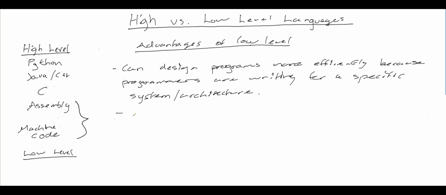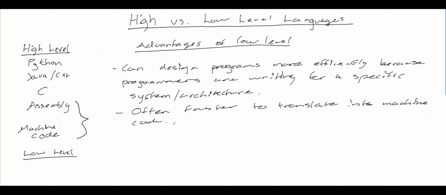And low-level languages are often faster to translate into machine code if they're not already machine code. The speed of translating a language, whether it be compiling or interpreting from high level to machine code, was often a factor in which language software developers chose when starting out on a project.